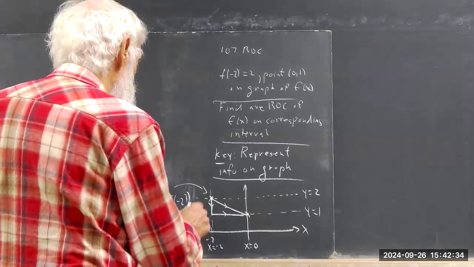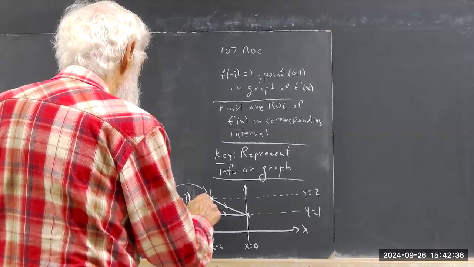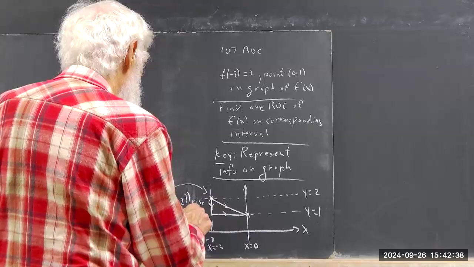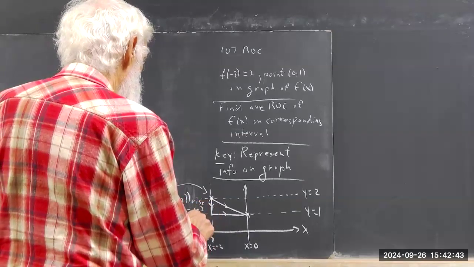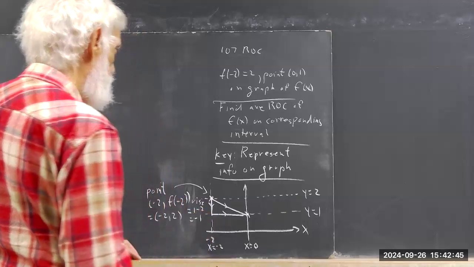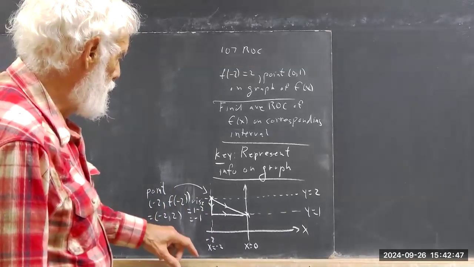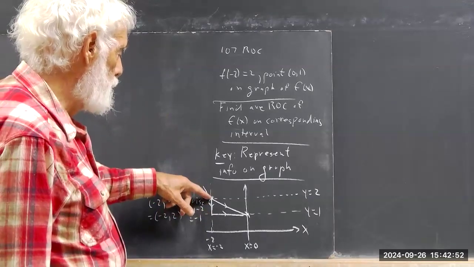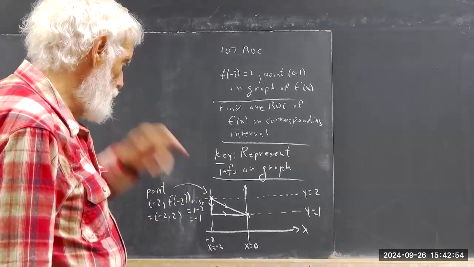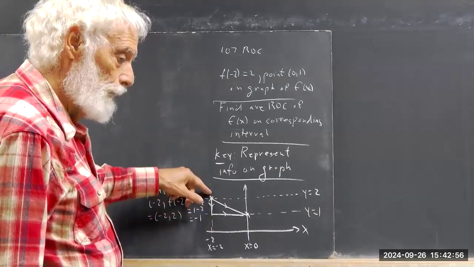I'm just going to say the rise is 1 minus 2, which is -1. You subtract the y-coordinate of where you are from where you're going. So it's where you end up minus where you start.